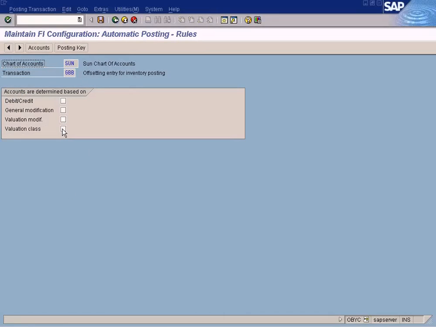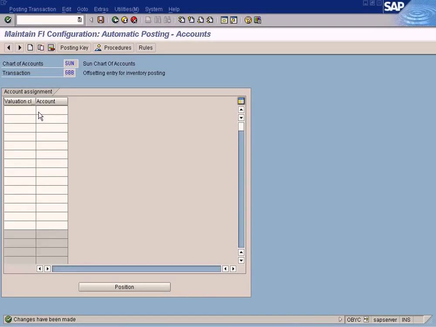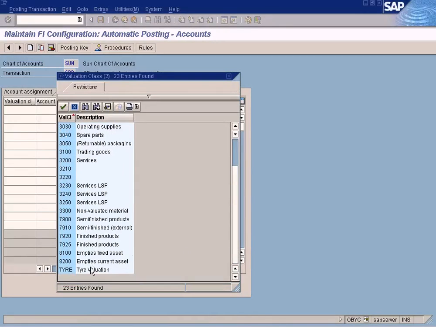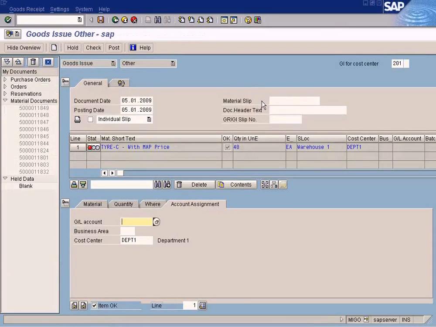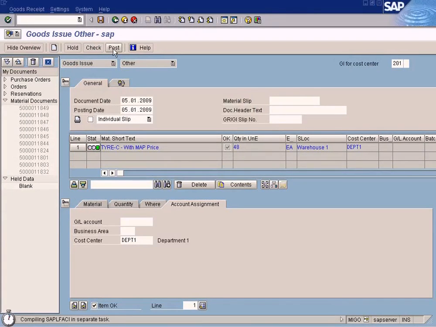So go to GBP, enter, valuation class, tire, valuation, enter this. Let me check now. Post.